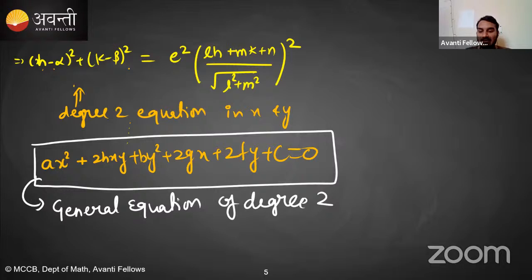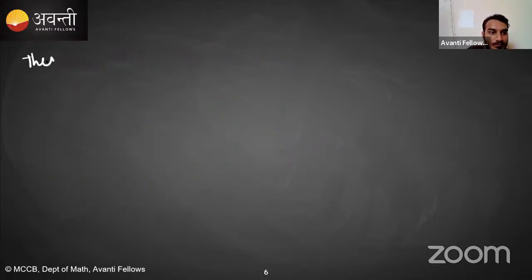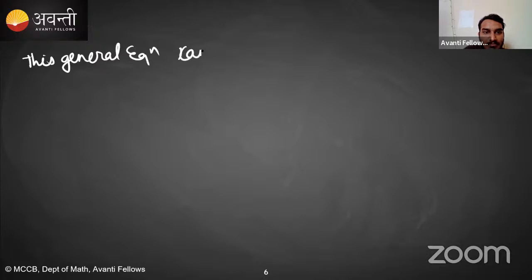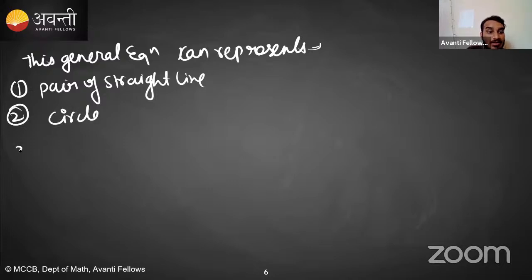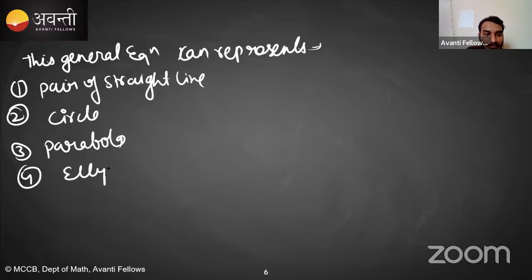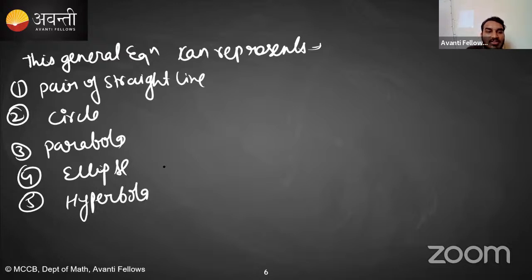So this general equation can represent a pair of straight lines, a circle, a parabola, an ellipse, or a hyperbola, depending upon the coefficients of x square, y square, xy and the constant term. It can represent any of these 5 conics.